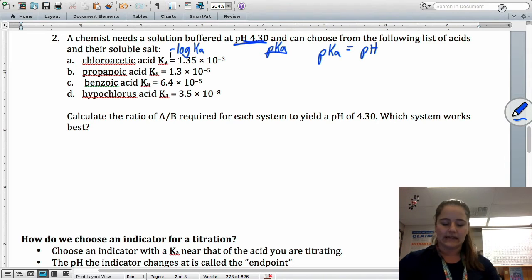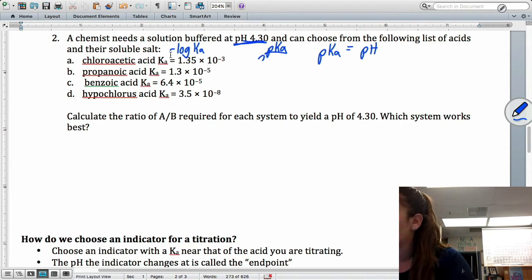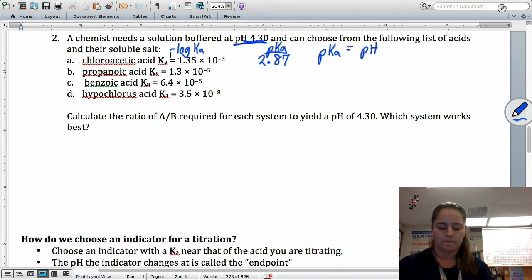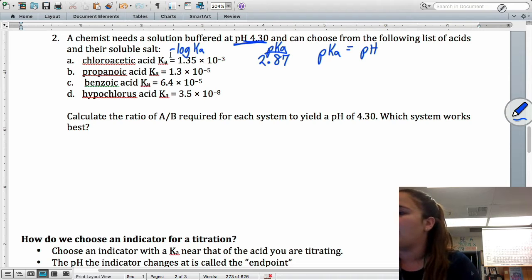So what I'm doing is I'm taking the negative log of each of these Ka values to get my pKa's. For chloroacetic acid, negative log of 1.35 times 10 to the negative 3, 2.87. For propanoic acid, negative log of 1.3, 4.89.